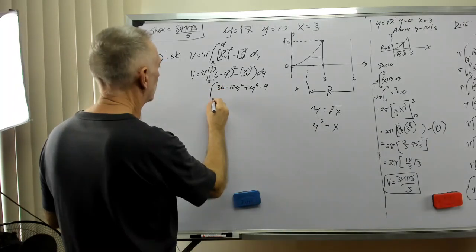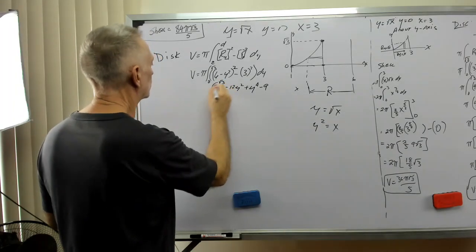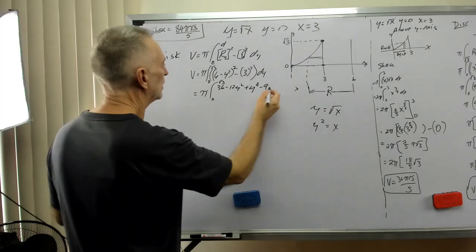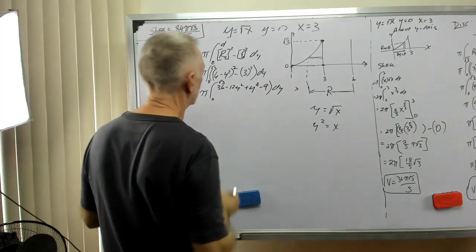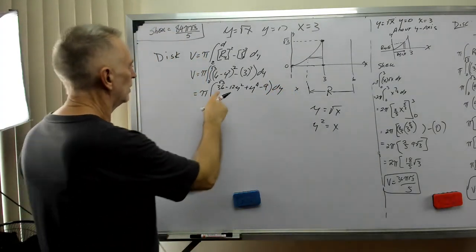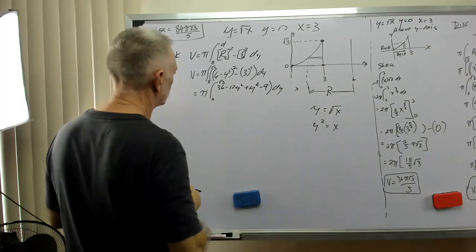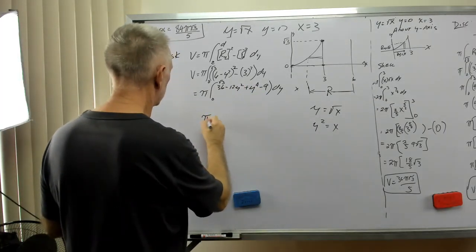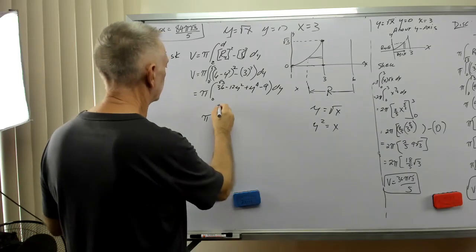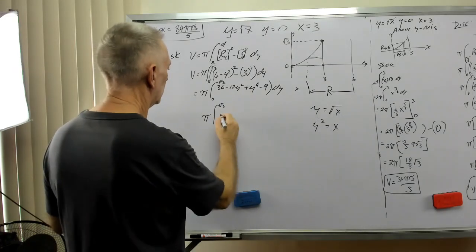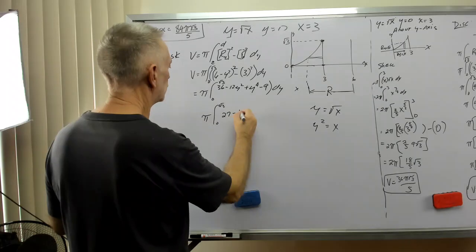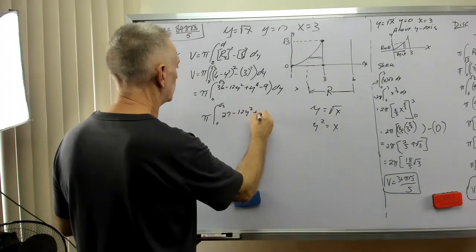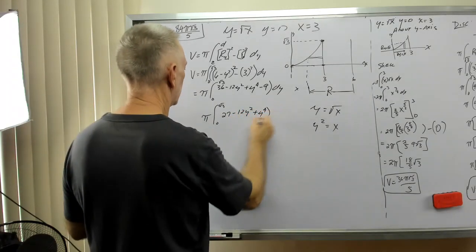And I'm integrating all of that from 0 to square root 3 multiplied times pi, integrating with respect to y. Okay, 36 minus 9 would be 27. So integrating from 0 to square root 3 of 27 minus 12y squared plus y to the fourth dy.